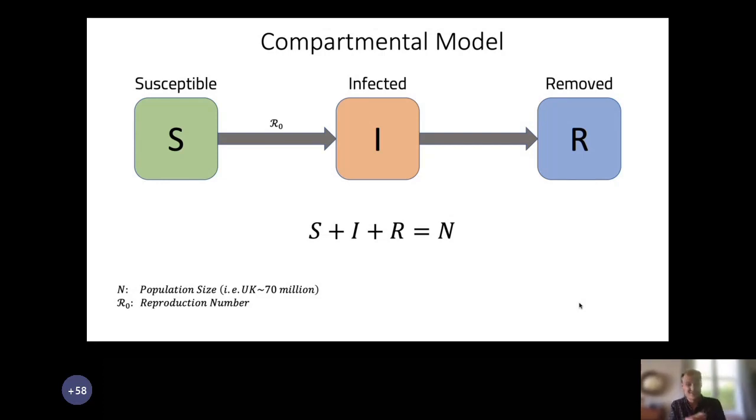And then from infected to removed, that happens at the time it takes to recover or sadly pass away, for example 20 days or whatever that might be. The idea is that these three compartments make up the whole population the whole time.